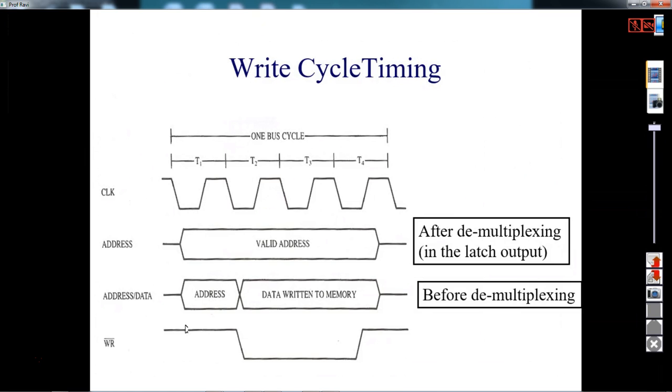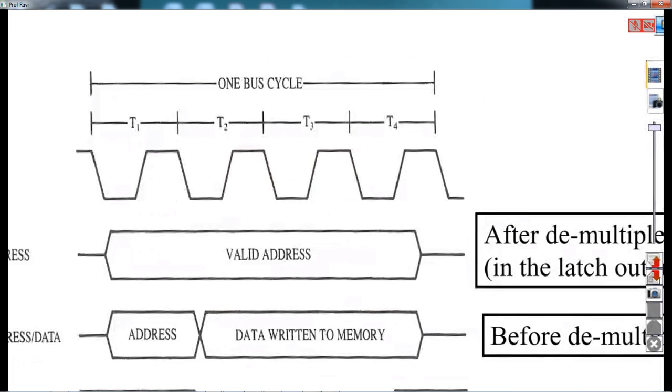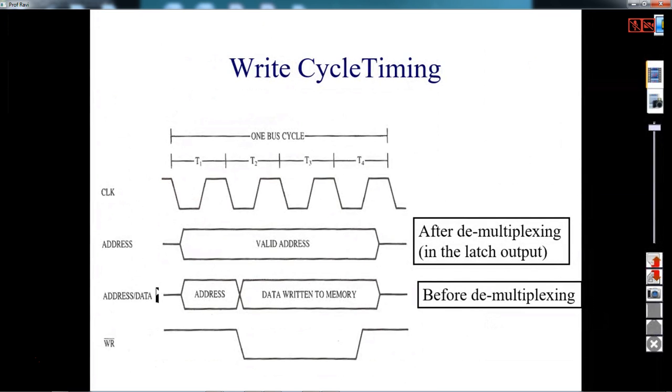Now during the read cycle or write cycle, after demultiplexing, between the processor and the memory you are connecting a latch. So this address is valid for the whole bus cycle, right? The processor places the address only in T1, but because we are using latches, the address is available up to T4 also.